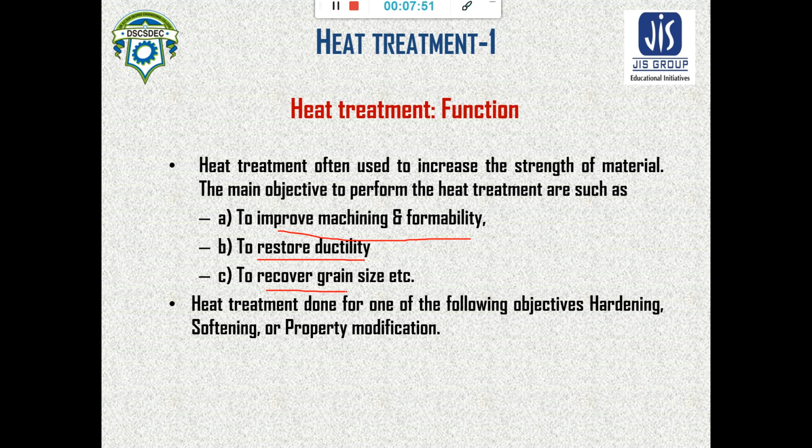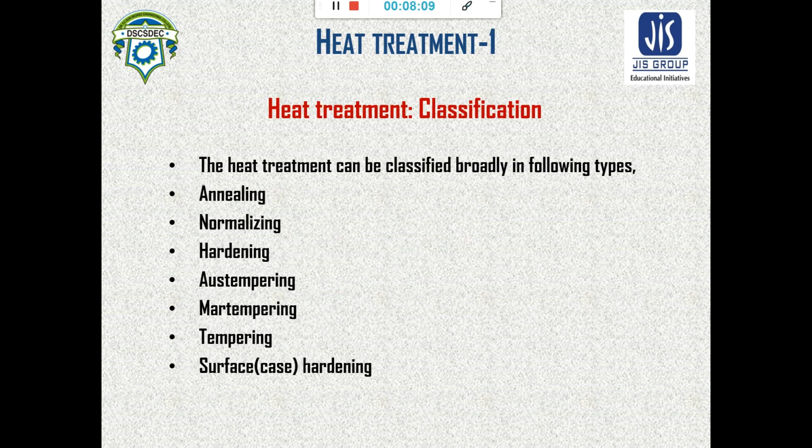That means by heat treatment, any material can be made hard. Any hard material can be made soft. That means any hard material can be made ductile, or other property modification can be done using heat treatment.